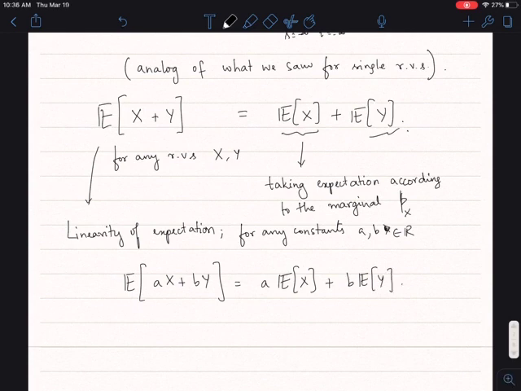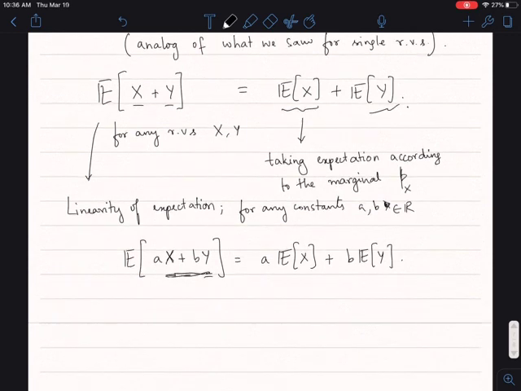The reason this is very useful is that very often when you are trying to analyze the expected value of a random variable, you can break it up into the sum of simpler random variables, and then computing the expected values of those simpler random variables could turn out to be easier. We will see some examples of those in your homeworks and such. For this reason, this is a very useful formula.